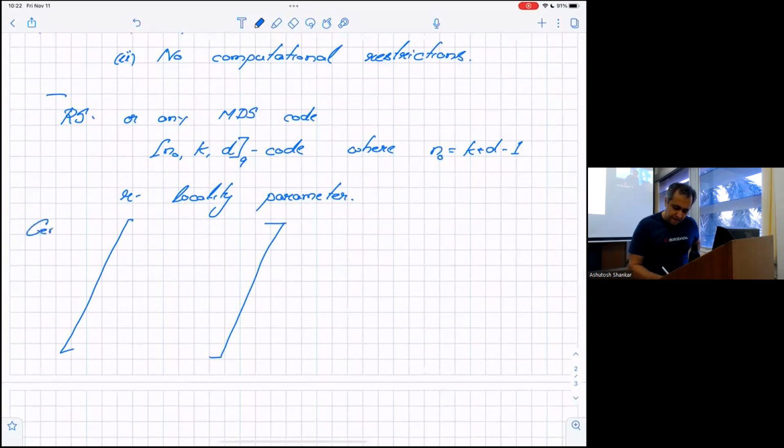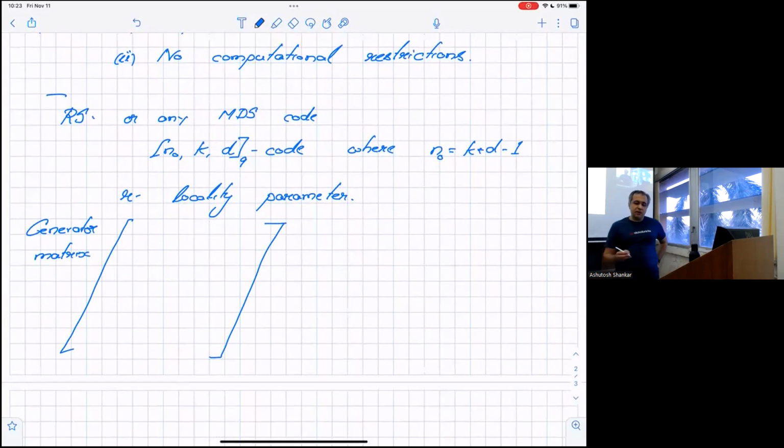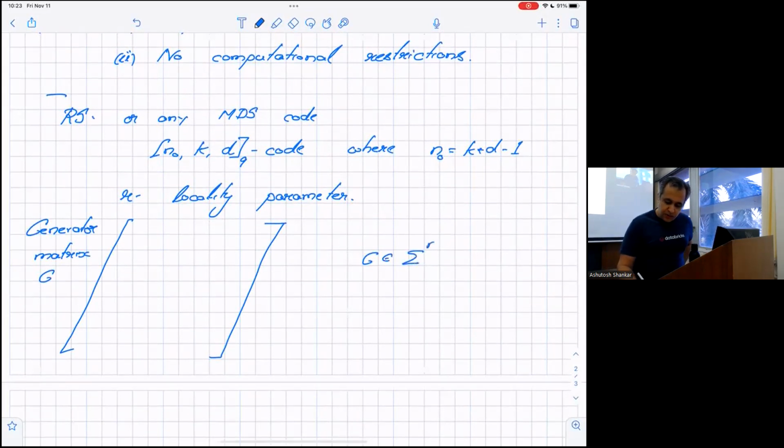So let's try to stare at the generator matrix for this code. Because it's a systematic code, G is an N cross K matrix.